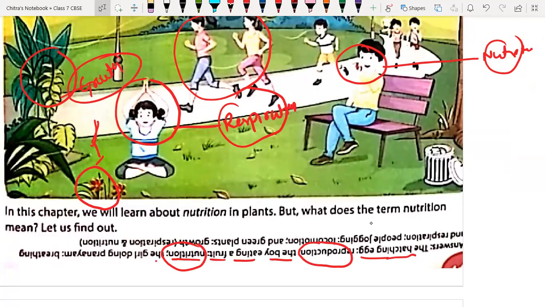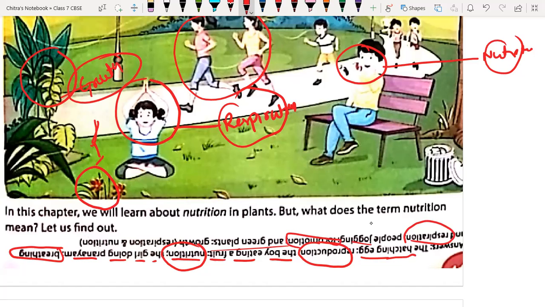Then the girl doing pranayama is nothing but breathing, which means respiration, and respiration is given here. People who are jogging means locomotion, which is movement.